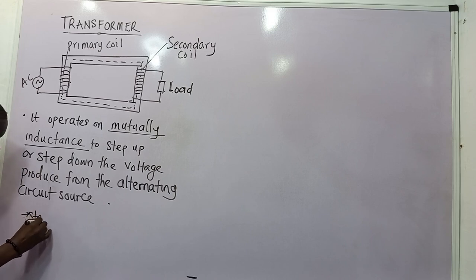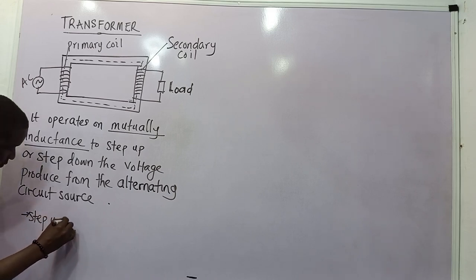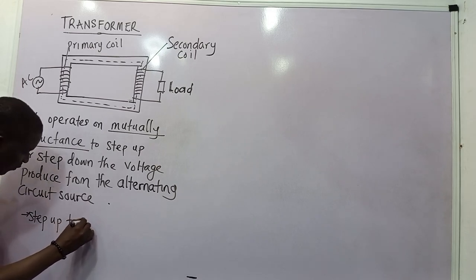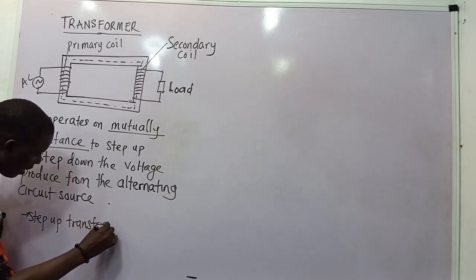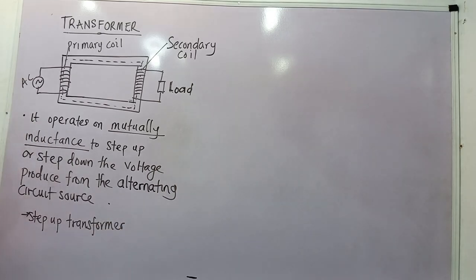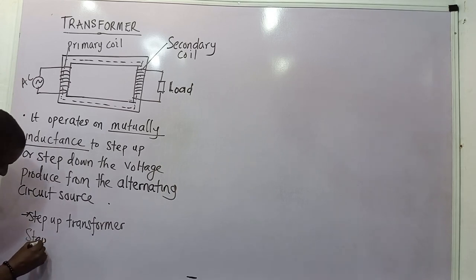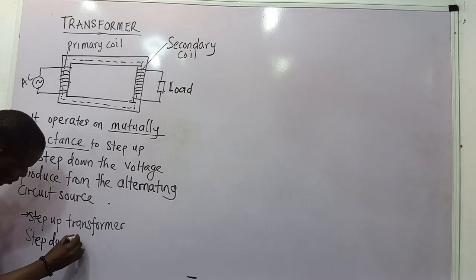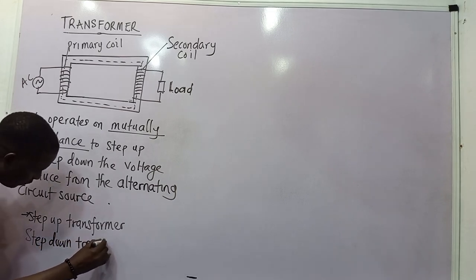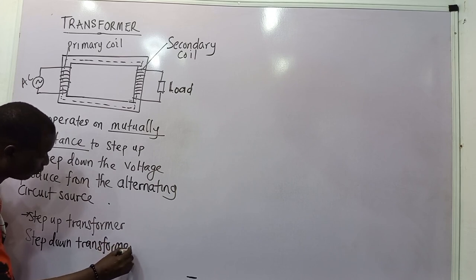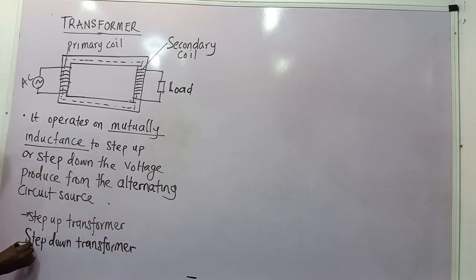We have the step up transformer, and we have the step down transformer. So we have two types of transformer, the step up transformer and the step down transformer. I'm coming down to that place, to this particular type of transformer.